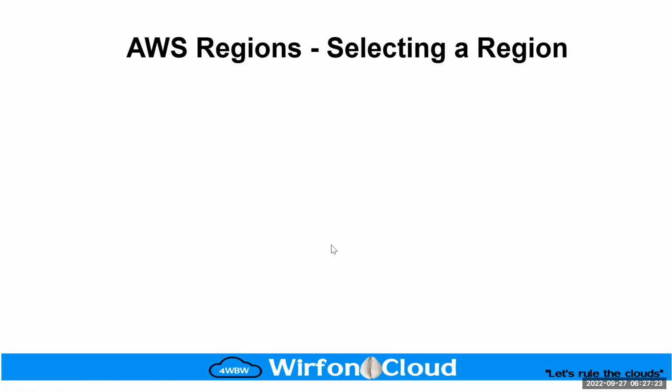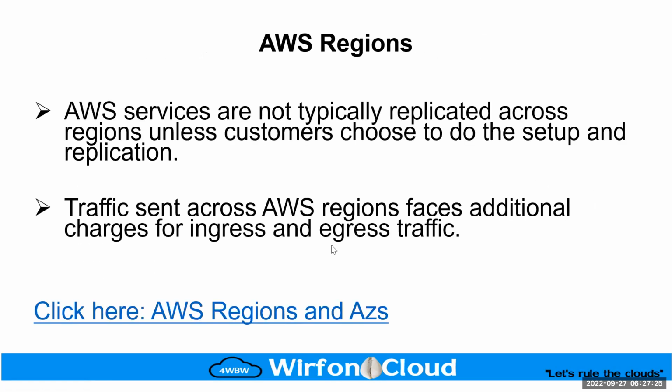Yes, traffic sent across AWS regions faces additional charges. If you're sending traffic from your application in the region Frankfurt to the one in Ireland, you need to pay for that.